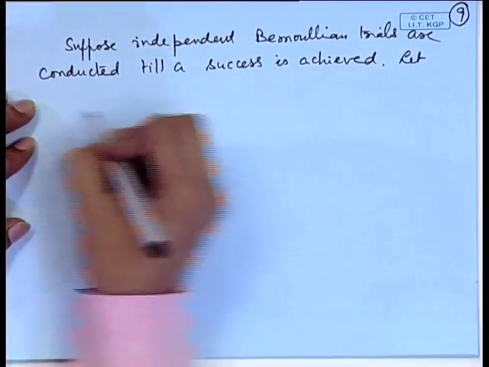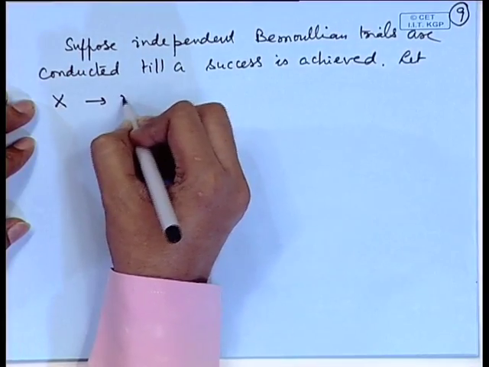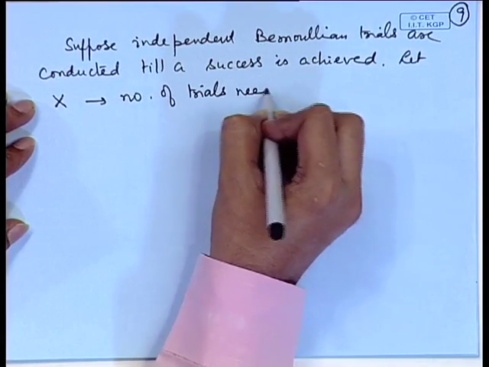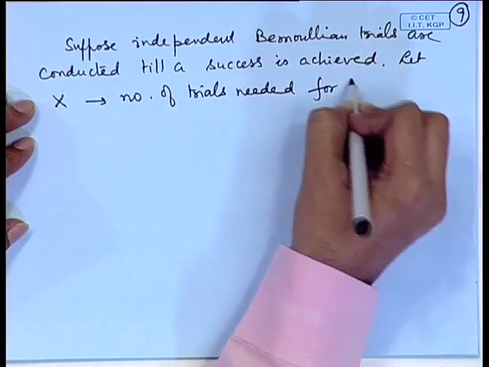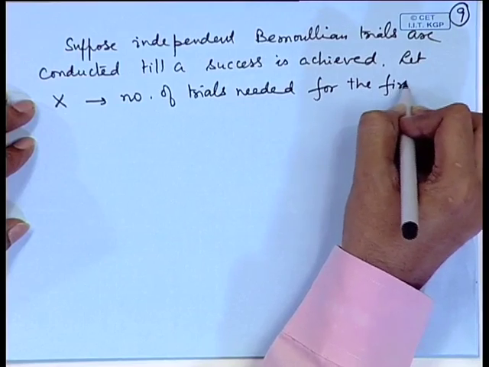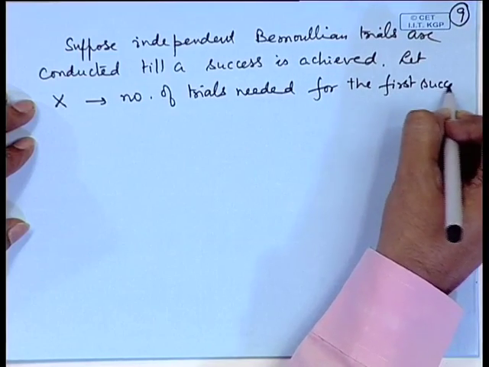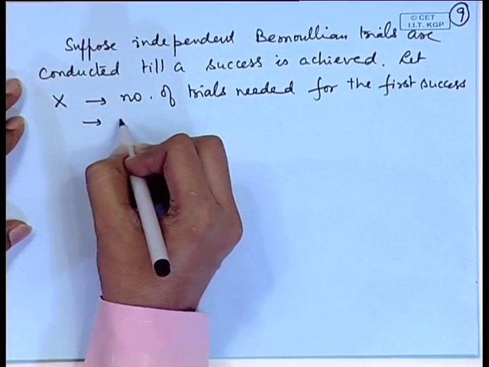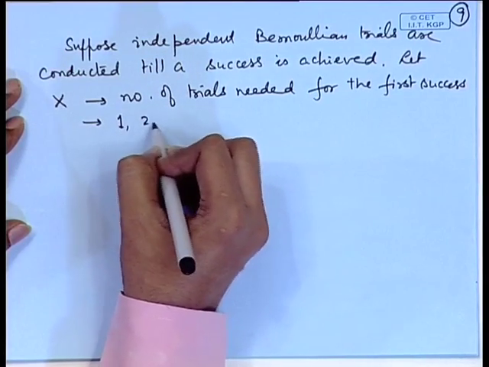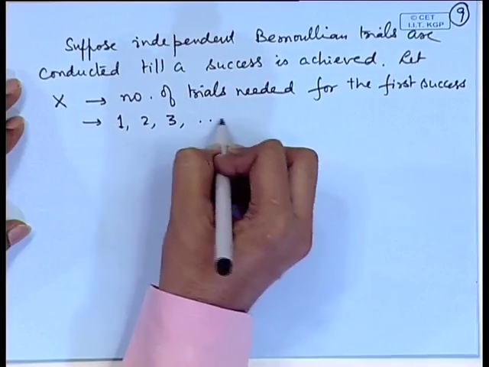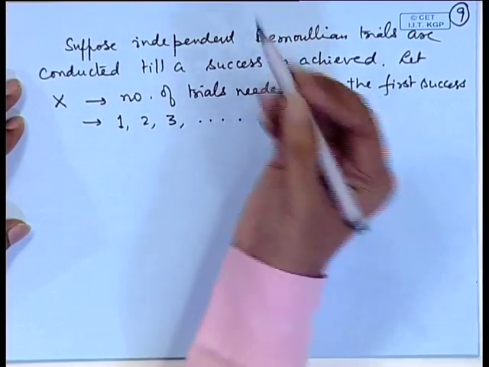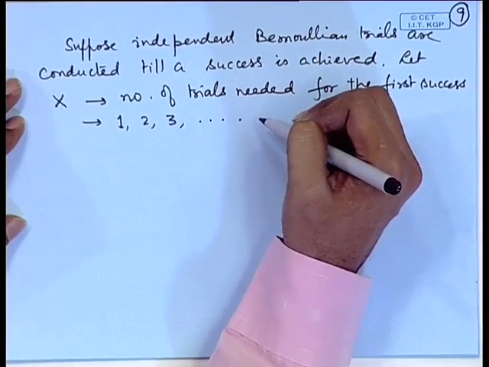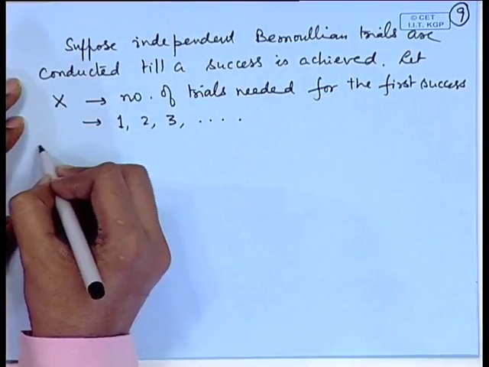Let X denote the number of trials needed for the first success. So, what are the possible values of X? You may get a success in the first trial, you may get the success in the second trial, and so on. So, unlike the binomial distribution, this is an infinite, but countably many valued random variable.